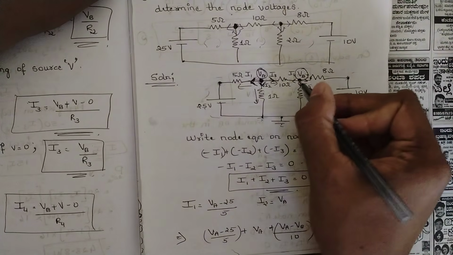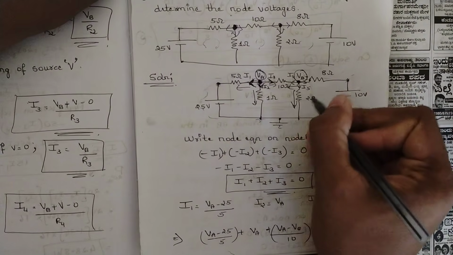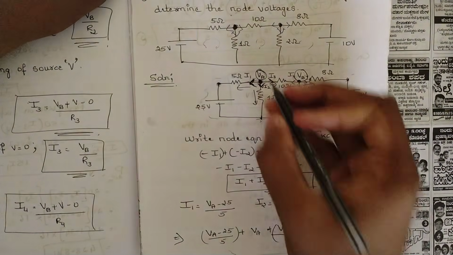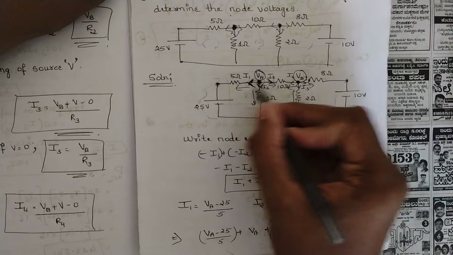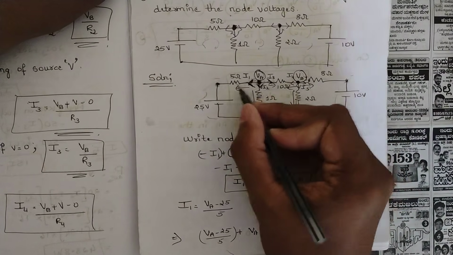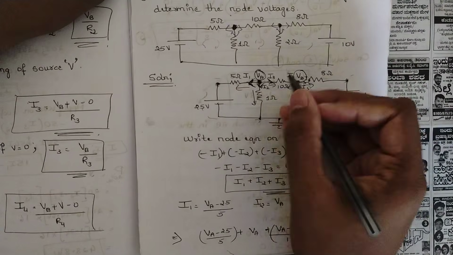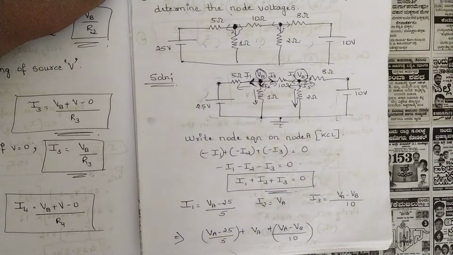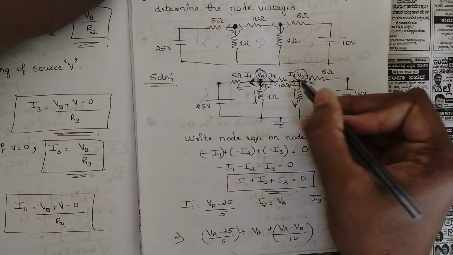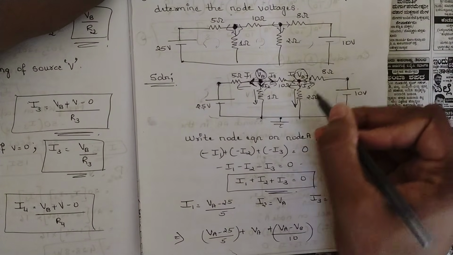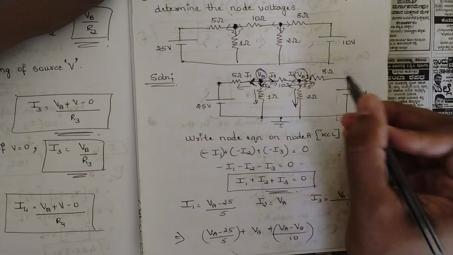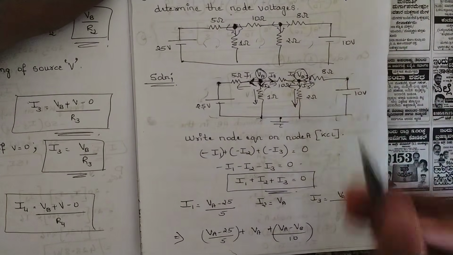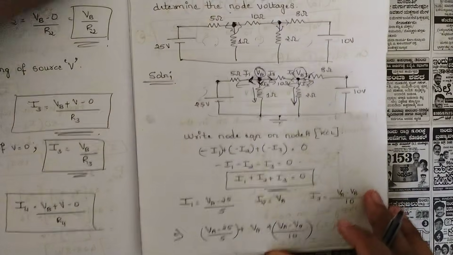Similarly for this node, they would be moving outwards. For VA we have three branch currents, since this principal node connects three branches, so I have named them I1, I2, I3. Similarly for VB, I have named three branch currents as I4, I5 and I6.